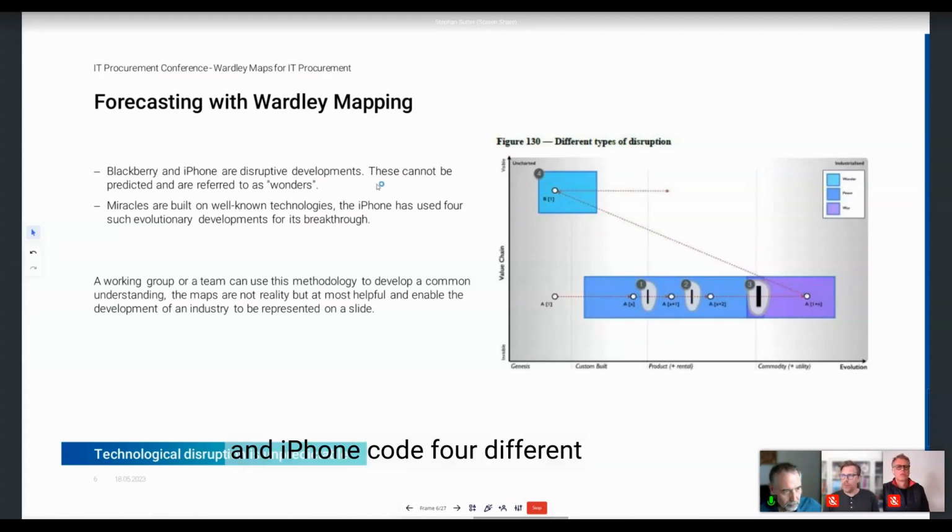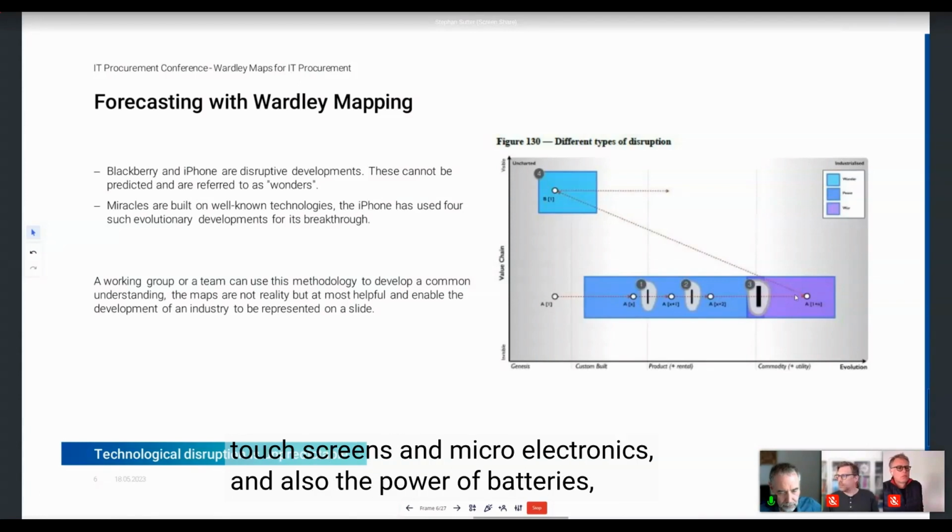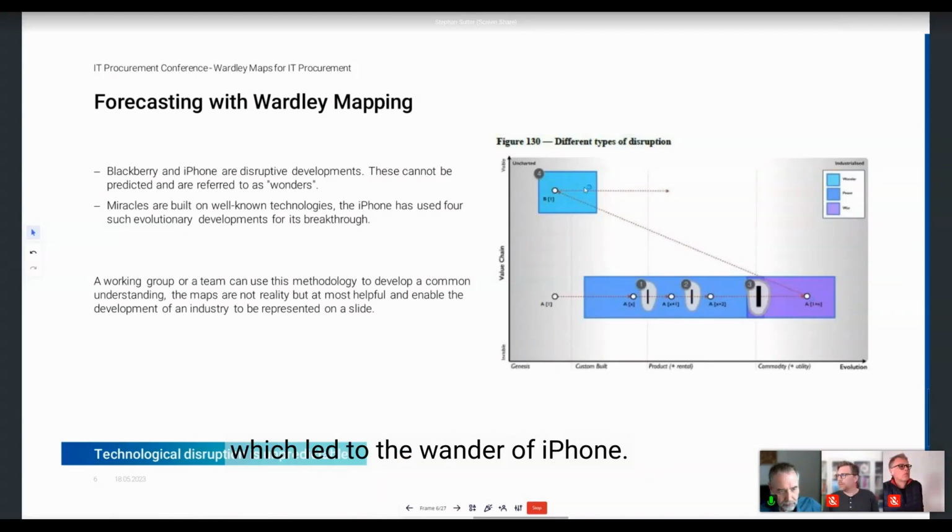And the iPhone codes for different streams of evolution: the battery, the networking of IP connectivity, touchscreens, microelectronics, and also the power of batteries, which led to the wonder of the iPhone.